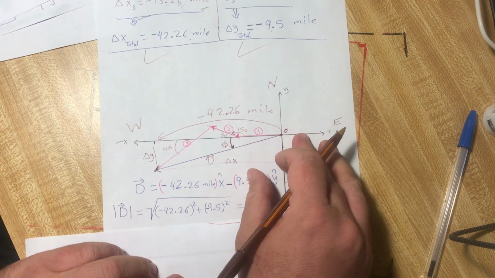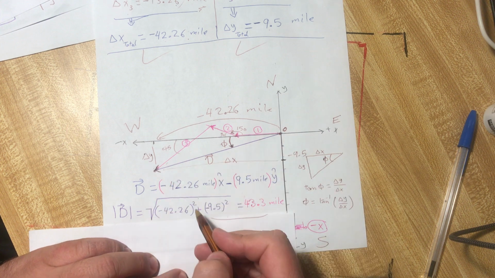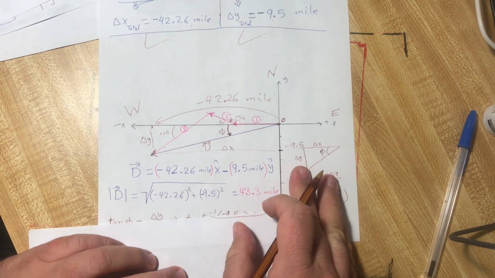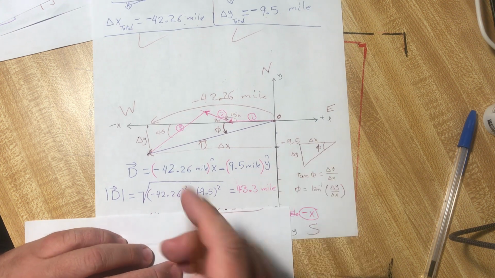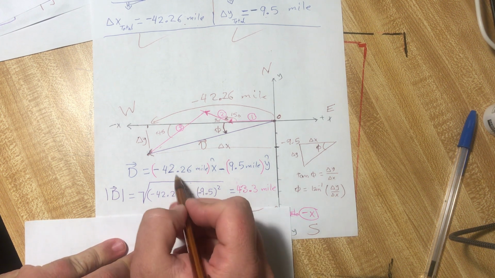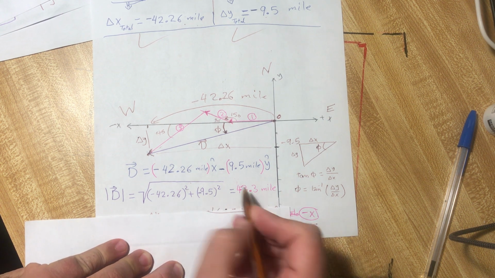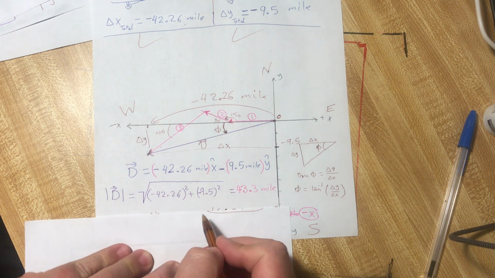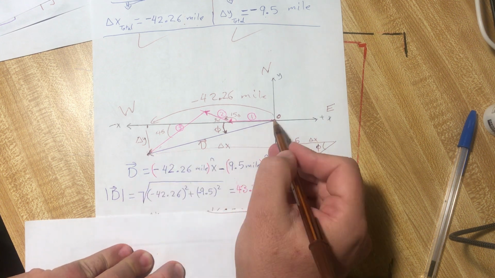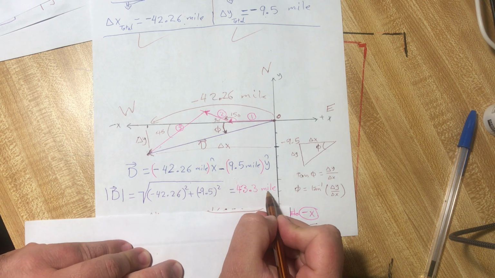And the total length of this displacement, using the Pythagorean theorem, it will be the square root of delta x squared plus delta y squared, so the total displacement will be 43.3 miles.